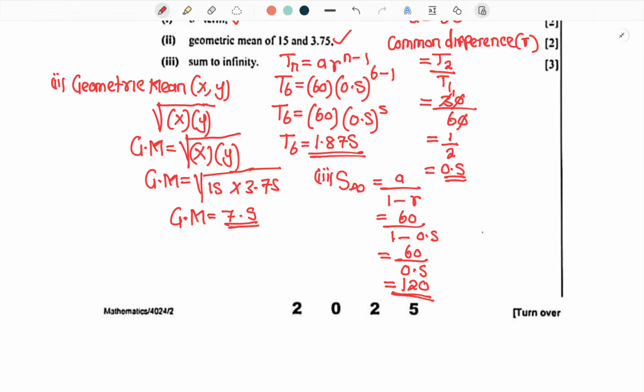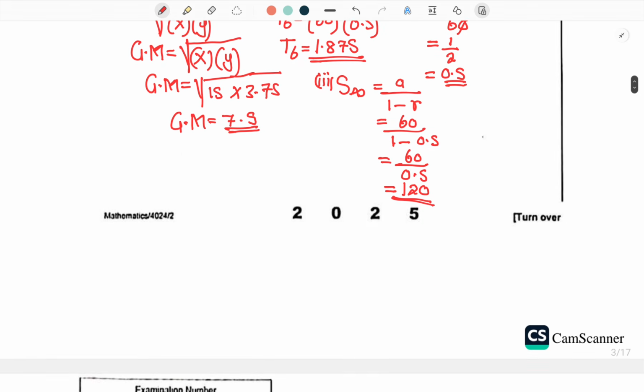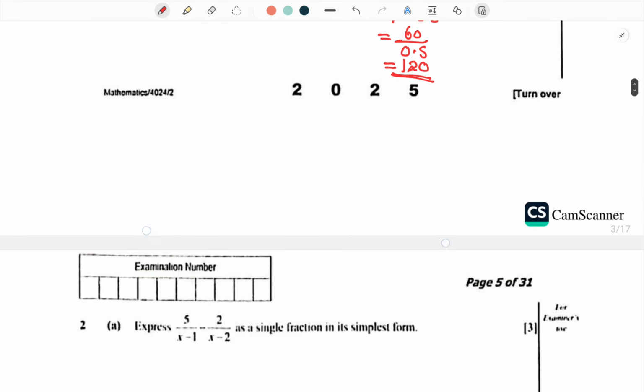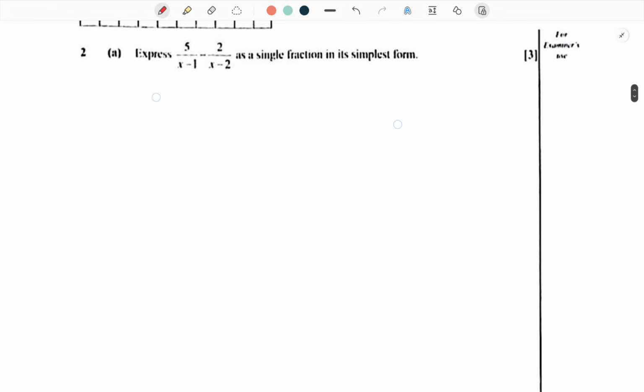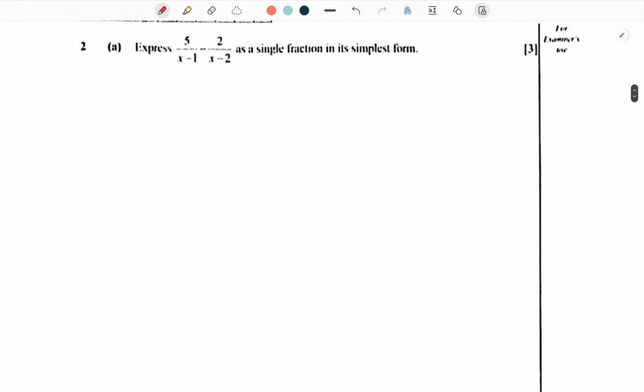We proceed. Now, as we proceed, we have this particular question which I expect you to get everything, all the 3 marks. They're saying express what we are given was actually 5 over x minus 1, then they say minus 2 over x minus 2.